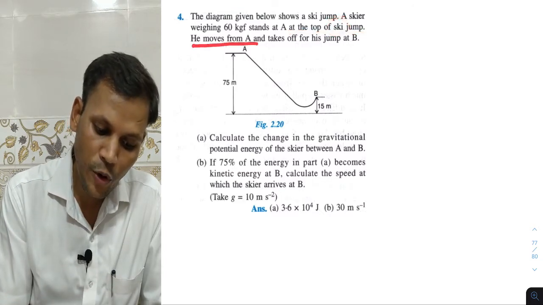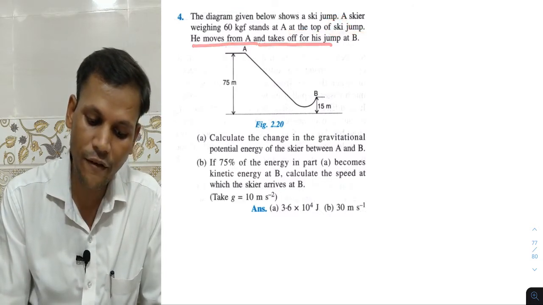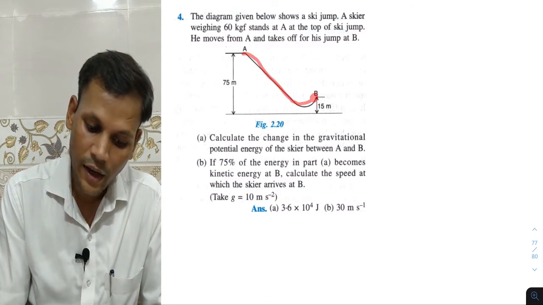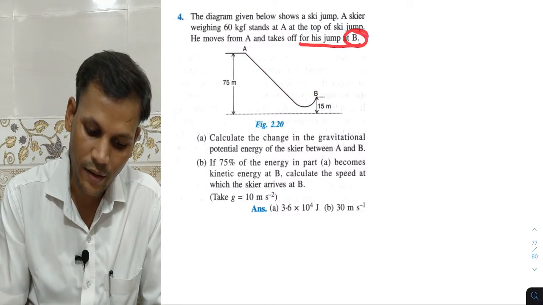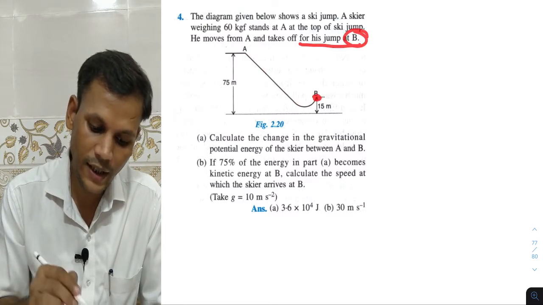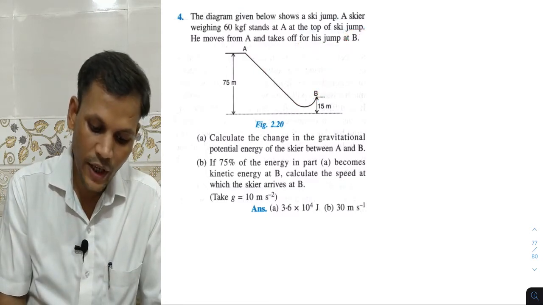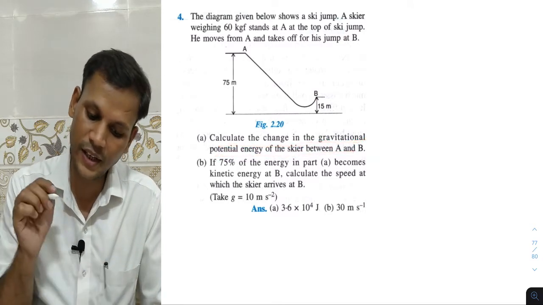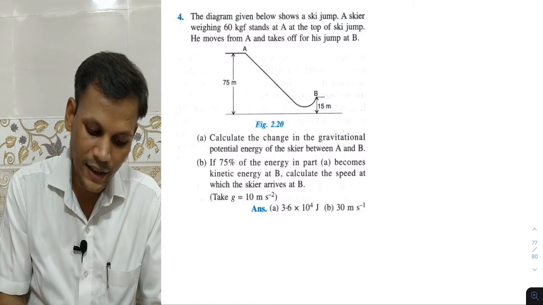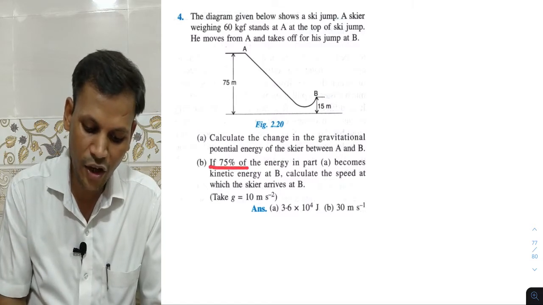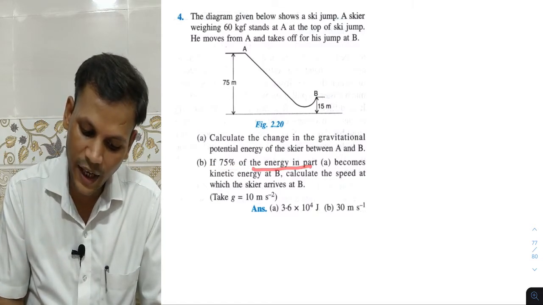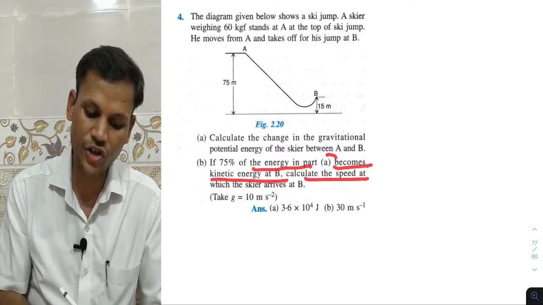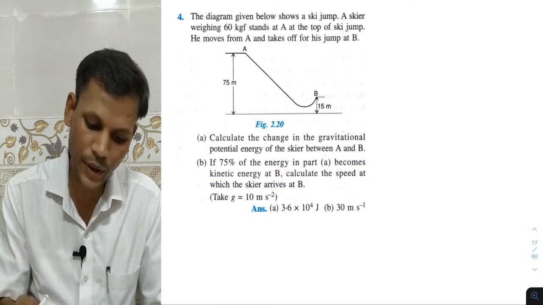He moves from A and takes off his jump at B. Calculate the change in gravitational potential energy of the skier between A and B, and if 75% of the energy in part A becomes kinetic energy at B, calculate the speed at which the skier arrives at B.